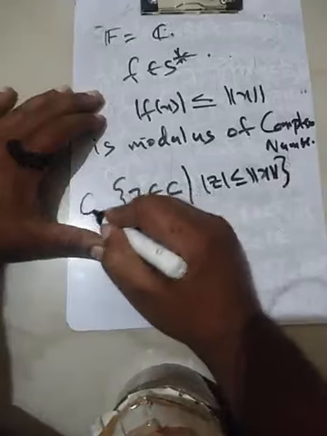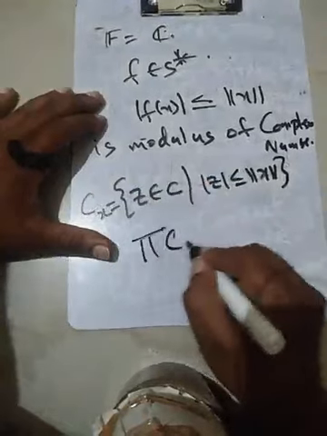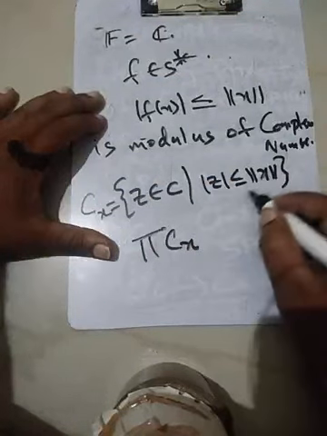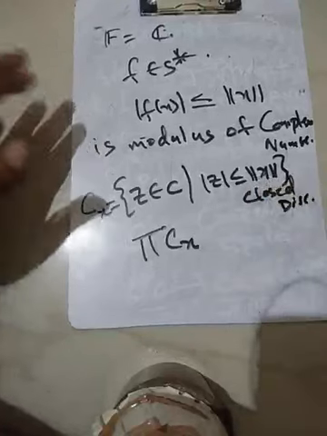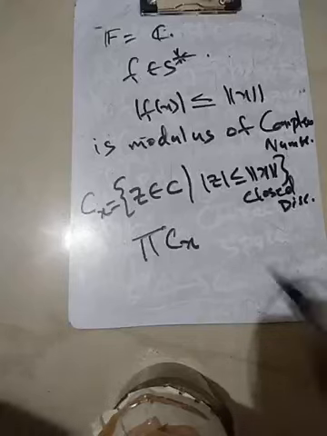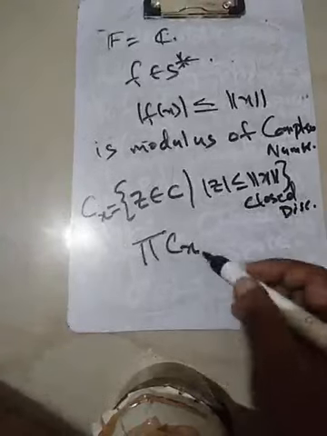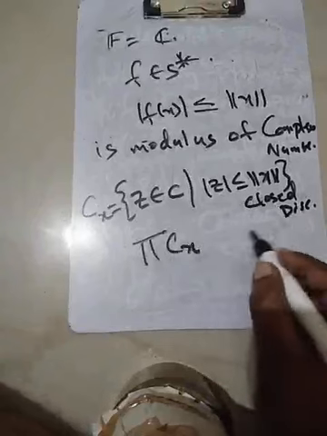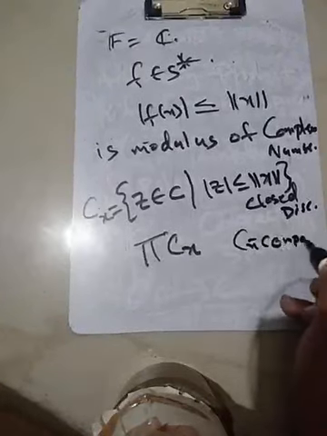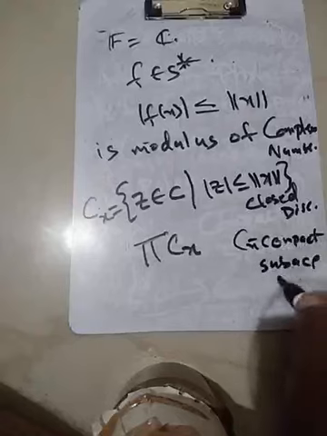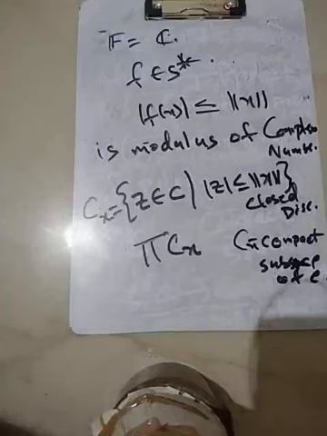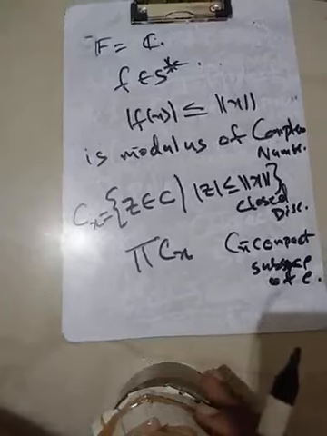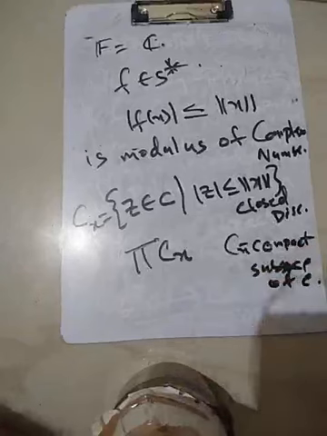This would be our Cx in this case, and we again consider the product of Cx, where Cx is the closed disk centered at 0. This Cx is clearly compact, a subspace of C. Again, an arbitrary product of compact spaces is compact, so this is a compact space, and the same kind of embedding is there.